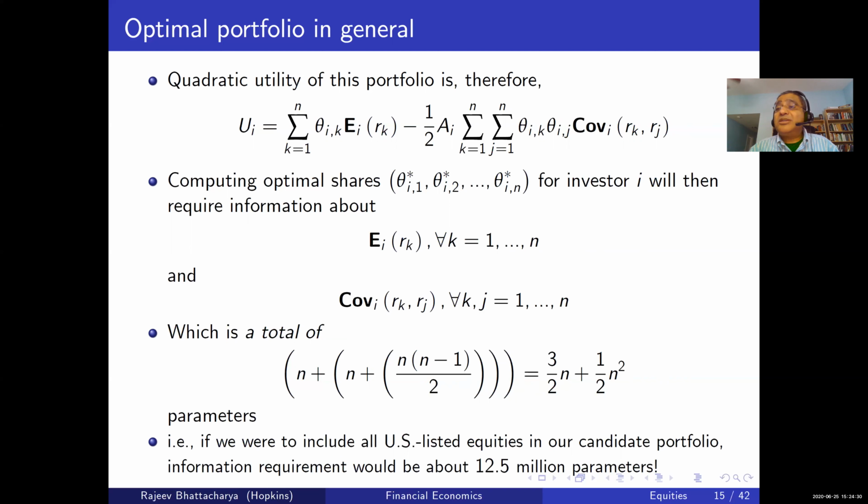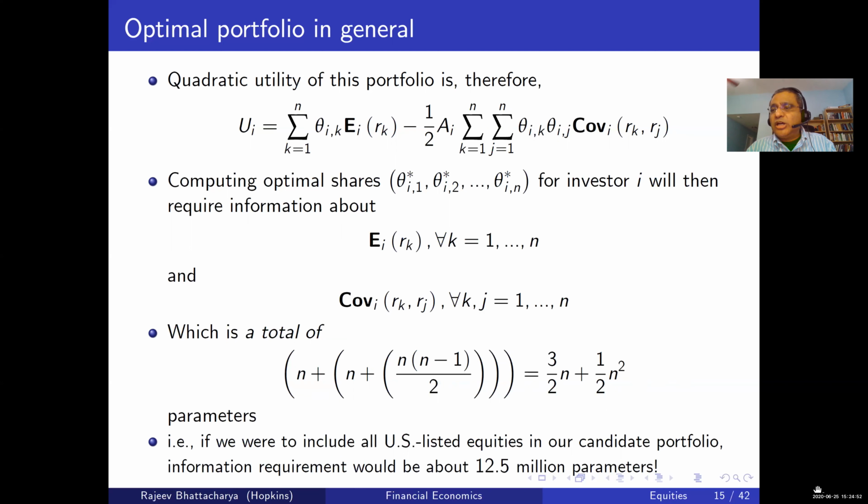For this particular reason: this is a quadratic function in the number of candidate securities, so it increases very, very quickly. The only way to really do anything interesting is to have strong limitations on the number of candidate securities.